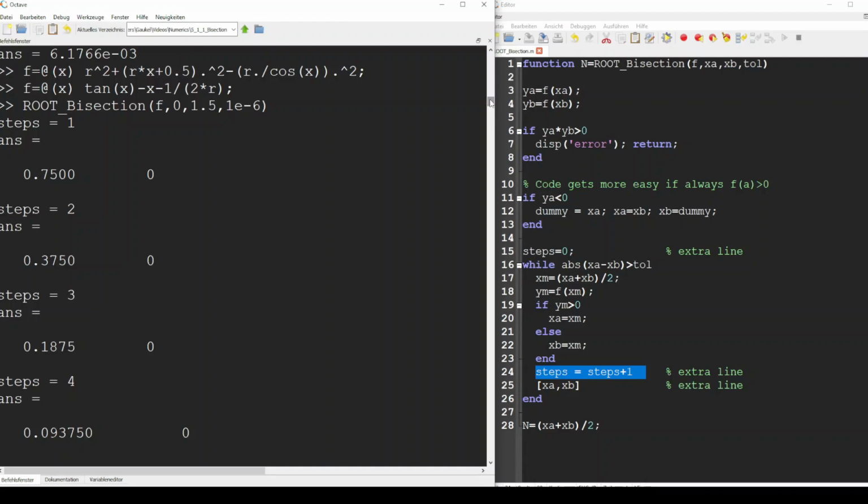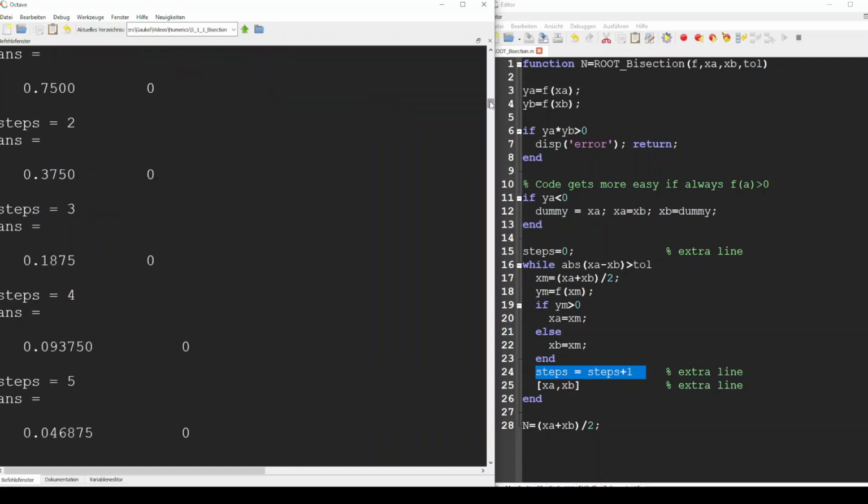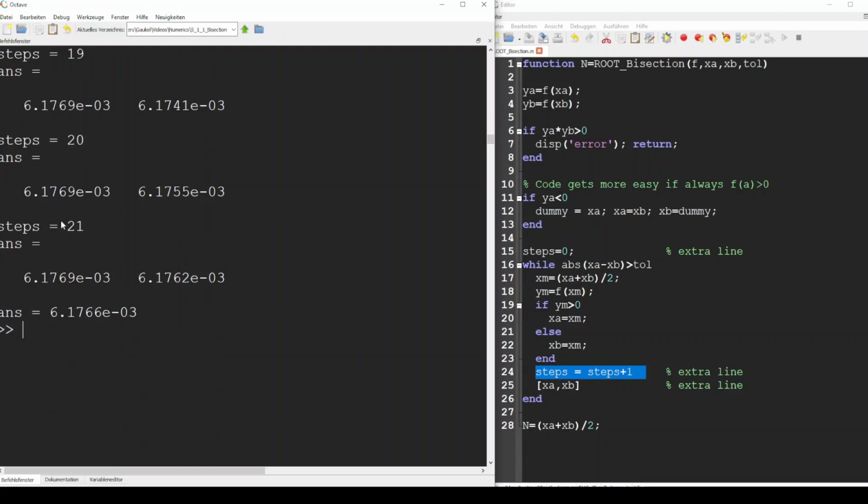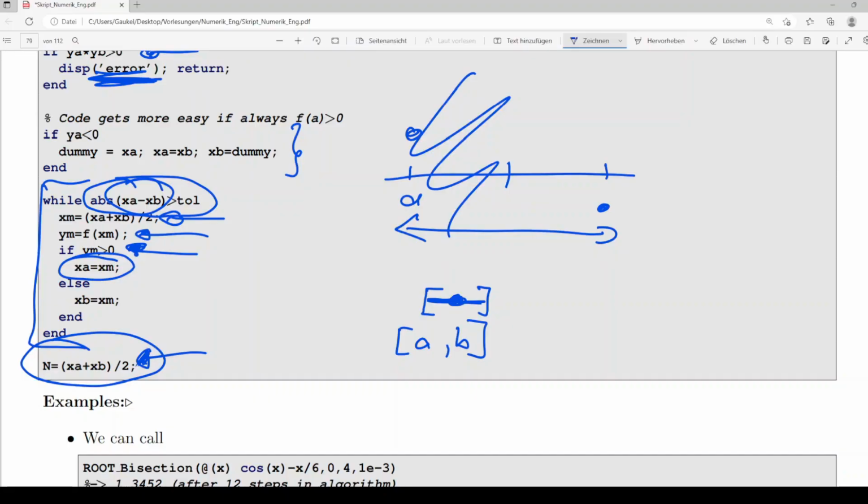Why is that true? Because the root is the same, and so the process works exactly as it did before. Also after 21 steps we get this interval, and the algorithm returns that approximation of the root. So okay, this was the very simple idea of bisection and how it works.